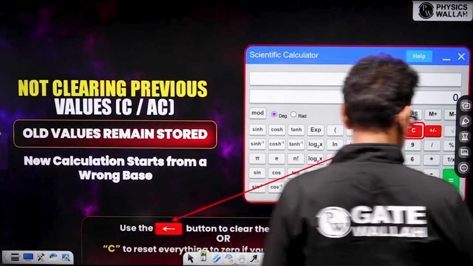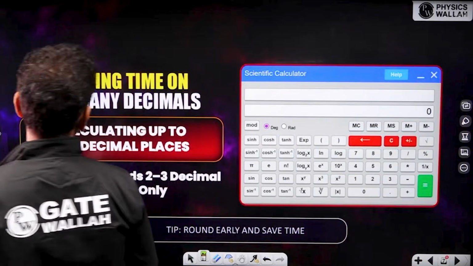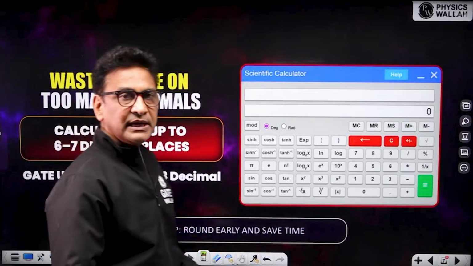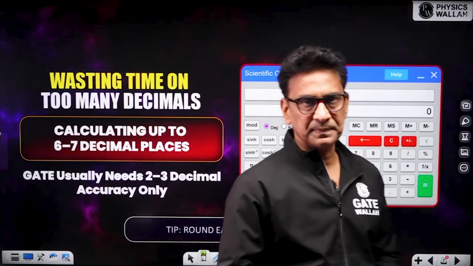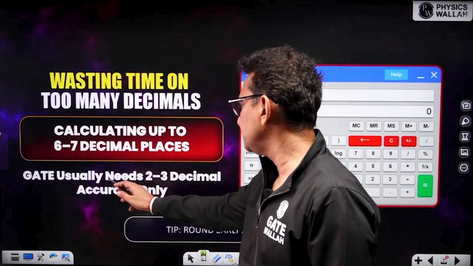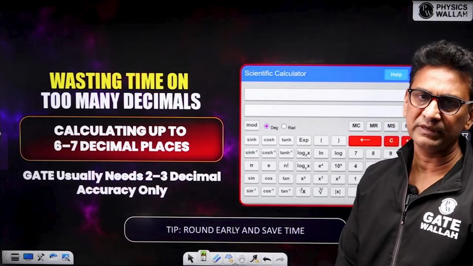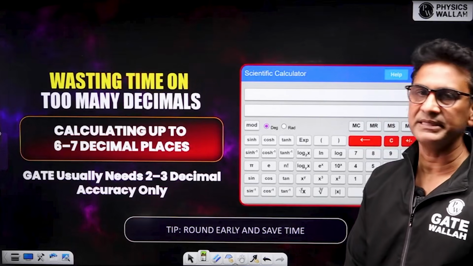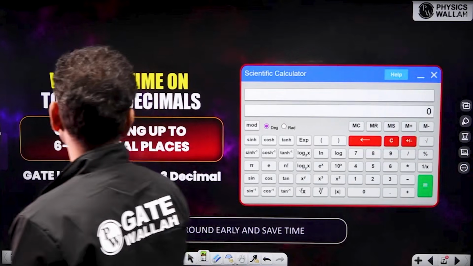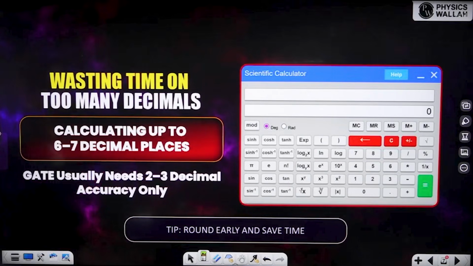Now, don't waste time on too many decimals. See, in the NAT type of question, the GATE calculation usually needs only 2 to 3 decimal accuracy. It does not require 6-7 decimal places. Sometimes students waste their time calculating up to 6 to 7 decimal places.